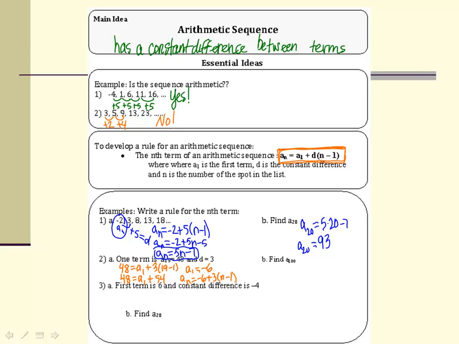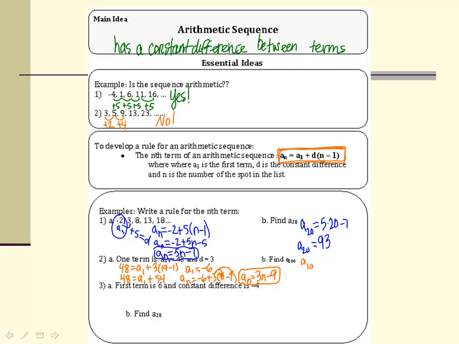Now we do want to simplify that, and you should go through and simplify that by distributing, and once you do that, you'll find that a sub n equals 3n minus 9. And I found that by going 3 times n is 3n, 3 times -1 is -3, -3 plus -6 is -9. So now we want to find a sub 100 using this formula right here, because there's our general formula.